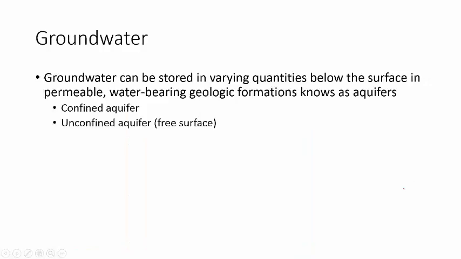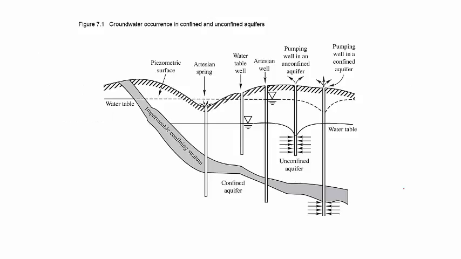As I mentioned, groundwater can be stored in varying quantities below the surface in permeable water-bearing geologic formations, and these are known as aquifers. And we have two types of aquifers: confined aquifers and unconfined aquifers.